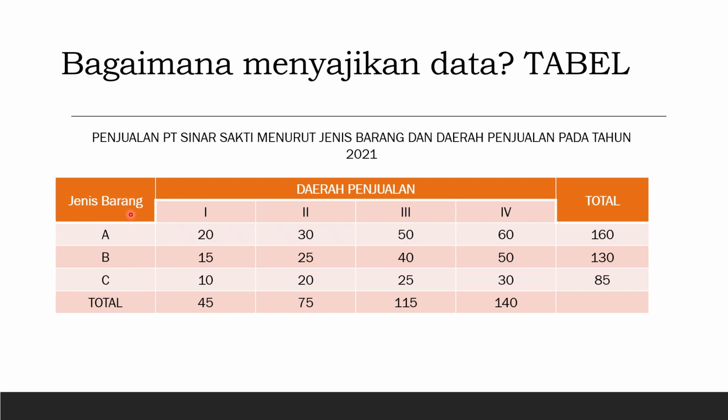For example, in this table you can see that it shows us three types of products A, B, and C, and the information of four selling districts, 1, 2, 3, and 4, and you have also the information of the total selling numbers.